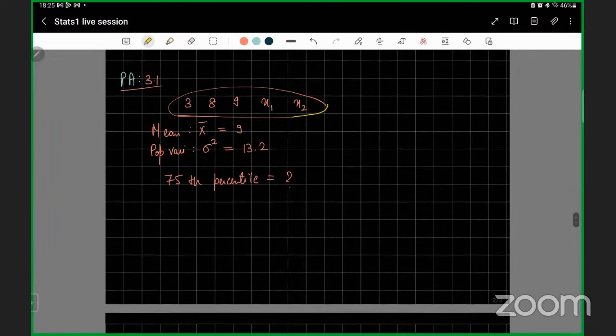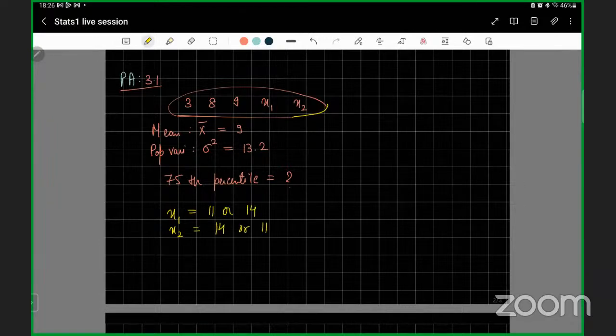Yes, ma'am. I have completely solved this. But the two possible answers of X1 are 11 and 14, because of the quadratic equation. Okay. Can you tell me the values you got? X1 is 11 or 14. There are two possible. And X2 is also 14 or 11, because 14 plus 11 is 25 and 11 plus 14 is 25.